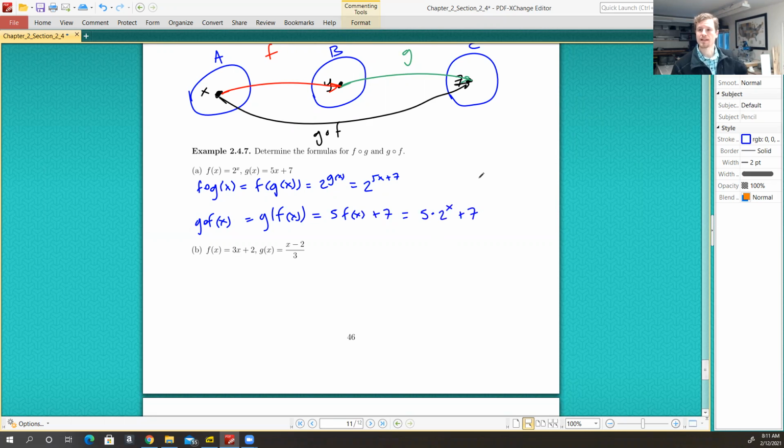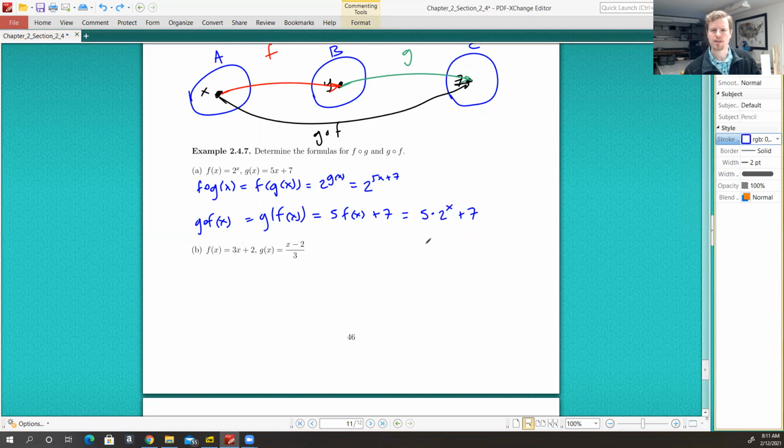Now in this case, I'm writing the dot for multiplication, because if I were to omit that dot and just have 5 times 2 to the x plus 7, you might think that's 52 to the x. So I'm including the dot there to make it as clear as possible.